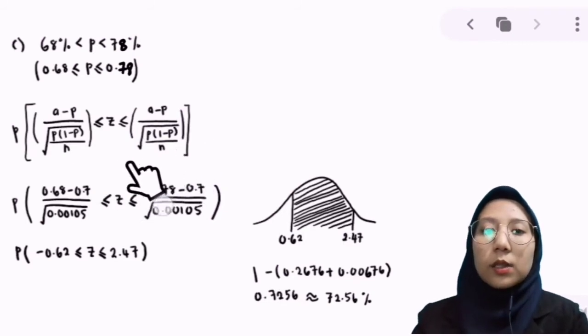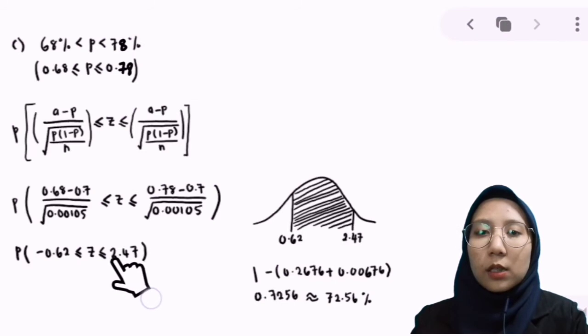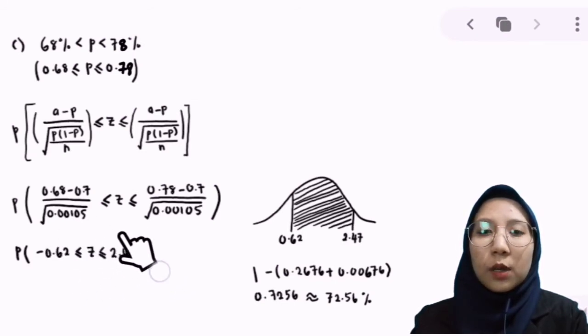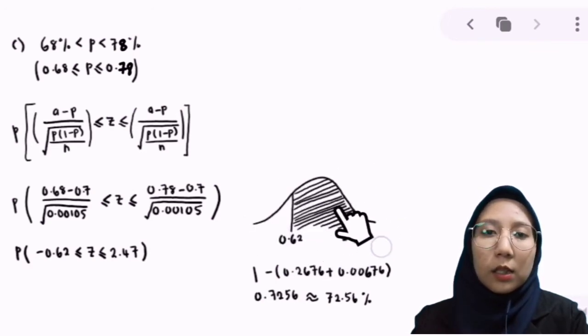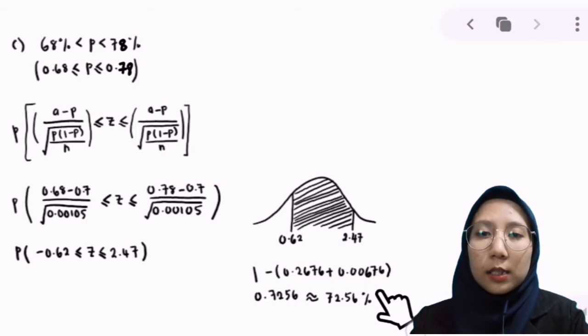We use the same formula as question B, and then we get negative 0.62 and 2.47. From here we will look at the graph and the table, then we will minus 1, then the answer will be this.